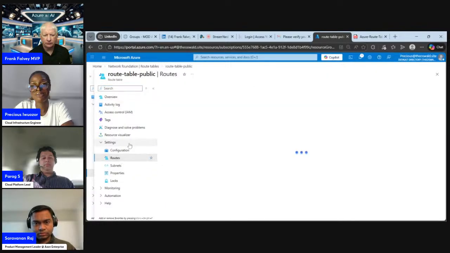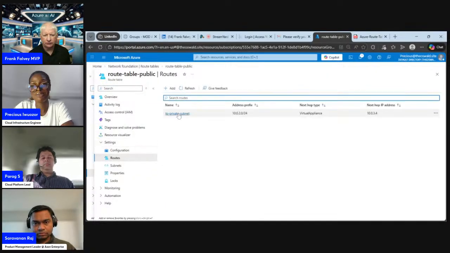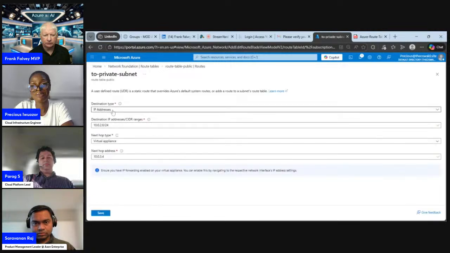I configured the rules. This is the rule here. So here, I configured this rule for the private subnet. This route table, the name, I configured it to be a public route table. Then I configured the rule to the public subnet. I used the destination type IP address. You can also see there is service tag, but I'm using the IP address.